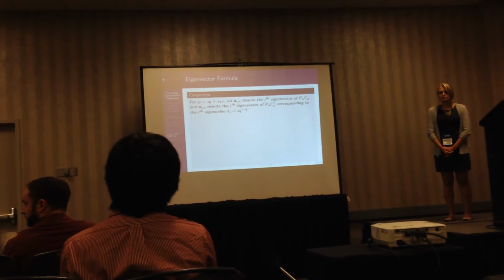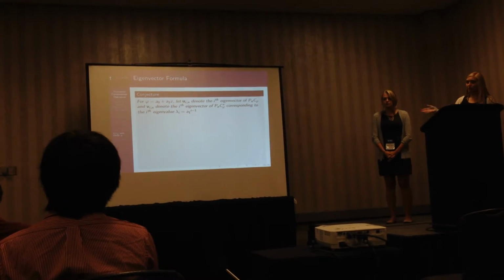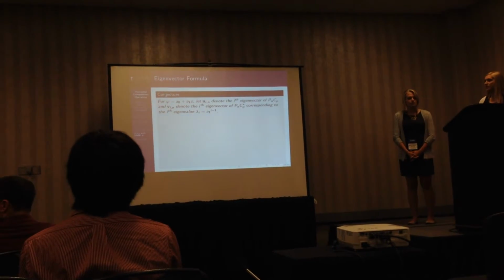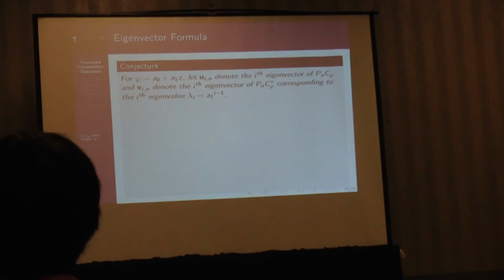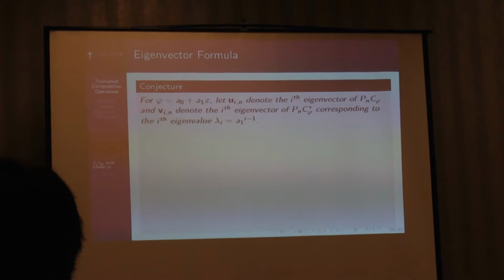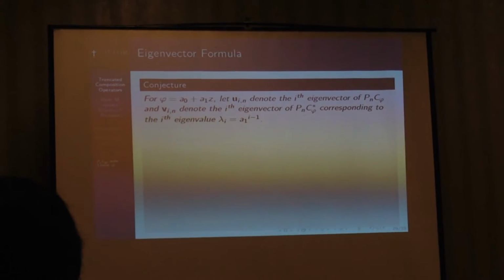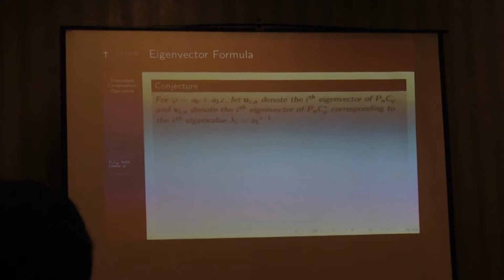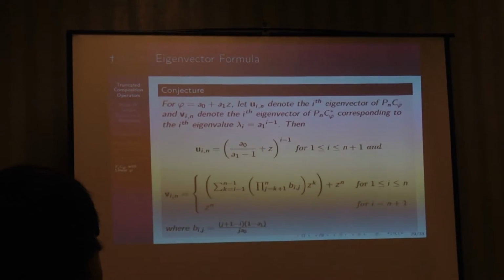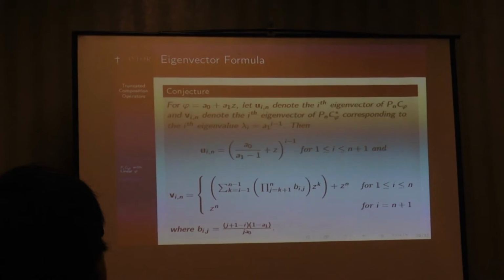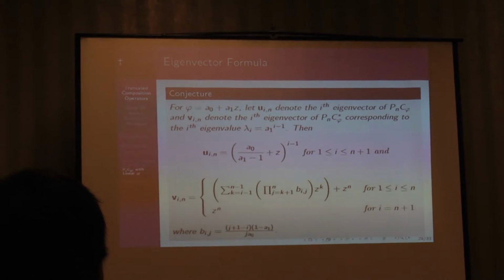And so if we have phi that is linear, so it's a0 plus a1z, then we use this notation: u_i^n is the eigenvector of PnC phi, and v_i^n is the eigenvector of PnC phi adjoint, which will correspond to the eigenvalue. We are then able to find these explicit formulas to just find those eigenvectors using our i and our n.